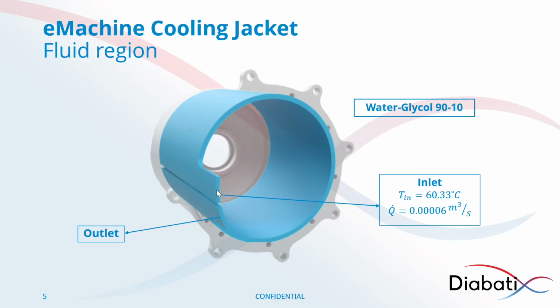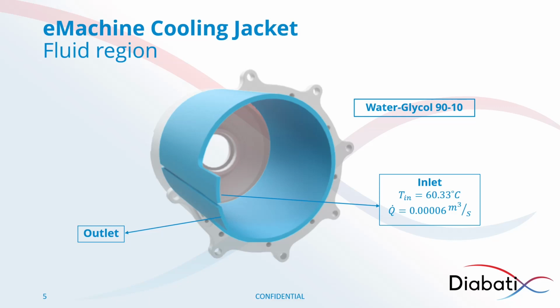So this is where your inlet is, and your coolant is expected to flow all around this region, and then this part over here would be your outlet connection. The coolant itself in this case is a water glycol mixture of 90% water and about 10% glycol.